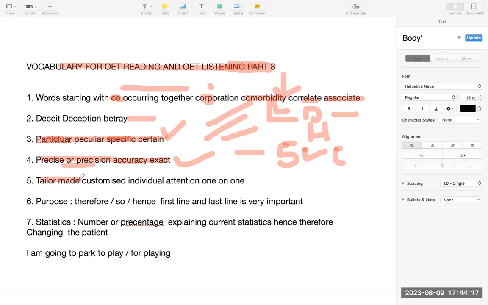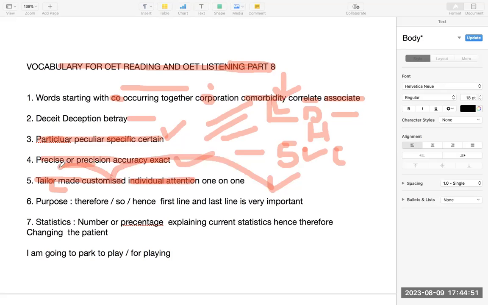Tailor-made is also a word we are doing again and again. Tailor means when a tailor stitches our clothes, he stitches according to our size. So that also means customized, individual attention. Being Dr. BKM, we provide you individual attention, which means our coaching is purely customized.